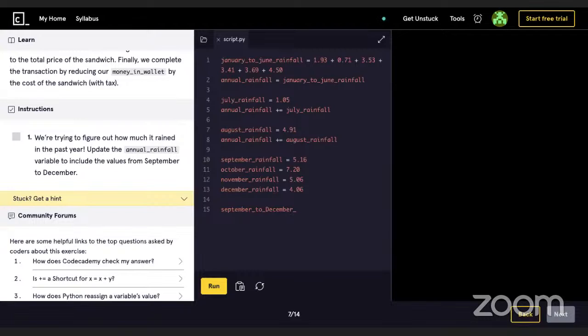Then rainfall. Then you want to do a space. Then equals. And another space. And then you want to do 5.16. Then space.